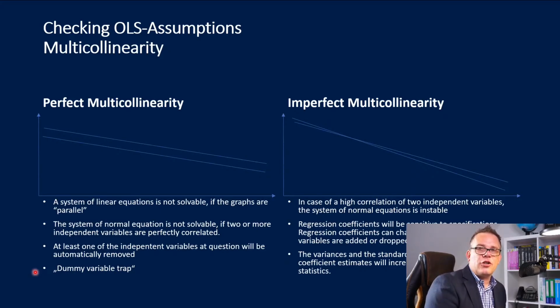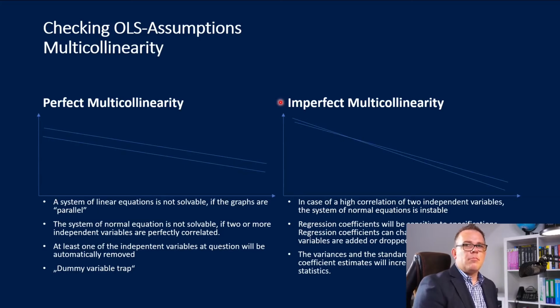Please pay attention to that. If you show in your paper a certain econometric model and some of those variables have been removed, that econometric model and the result tables do not fit together anymore. So please check that. That's very important. But the computer will let you know if it removes certain variables. So this is not really a problem. The computer does its job and removes the variable.